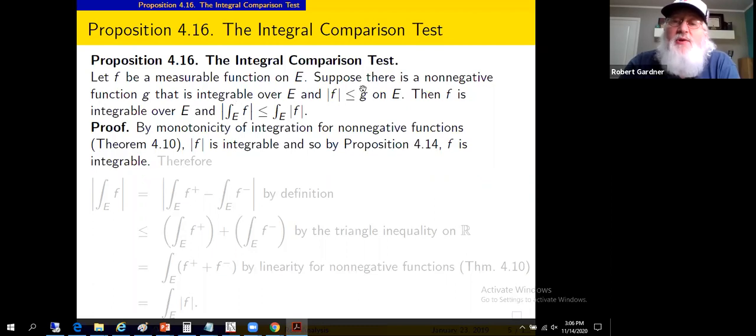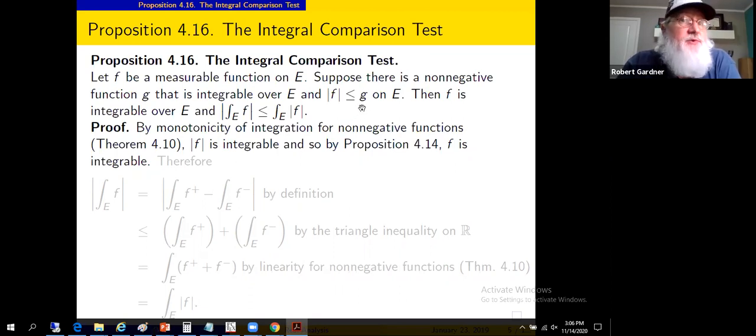Well, if this function, a non-negative function, has a finite integral, and this function, a non-negative function, is less than or equal to this, then the integral of the absolute value of this must also be finite. Compare smaller to bigger functions, lesser to greater functions. They have lesser integrals compared to greater integrals, provided we have monotonicity. We do.